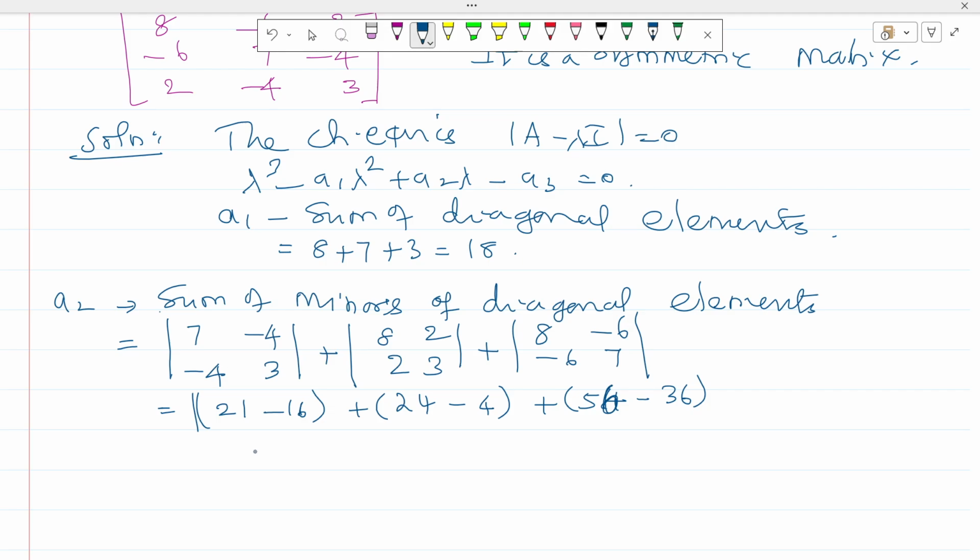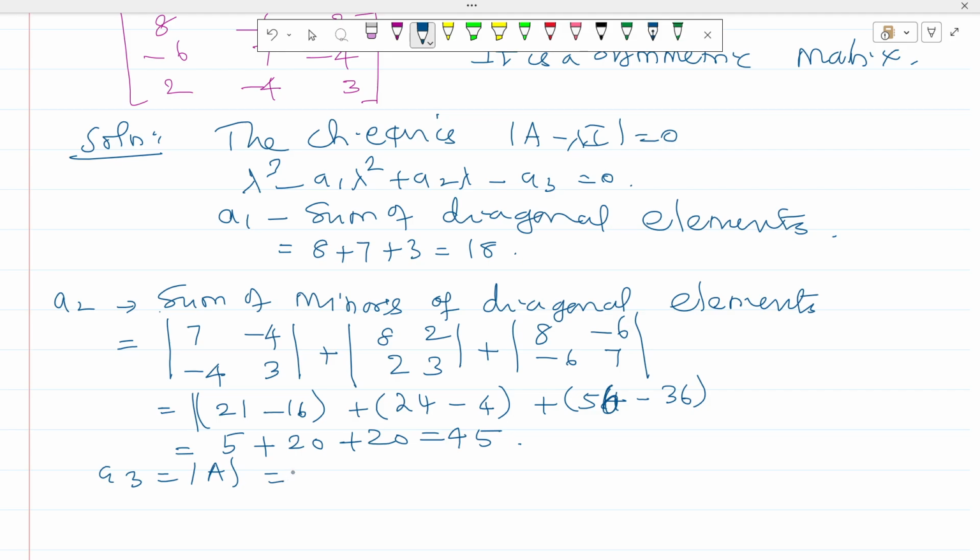So you will get 21 minus 16 is 5, plus 20, plus 20, which is 45. Then A3. A3 is the determinant of A.